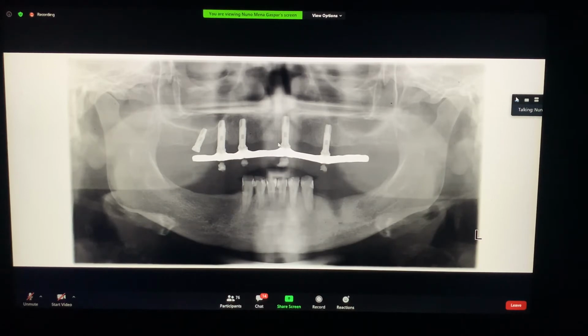He didn't have enough prosthetic space to do a concave or plane, or pontic prosthetic, and this is not possible to clean.